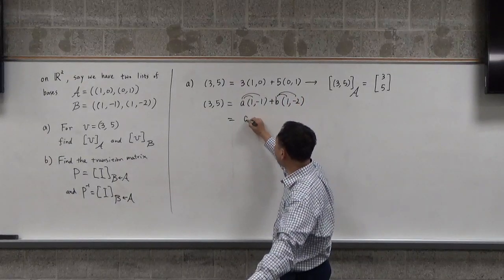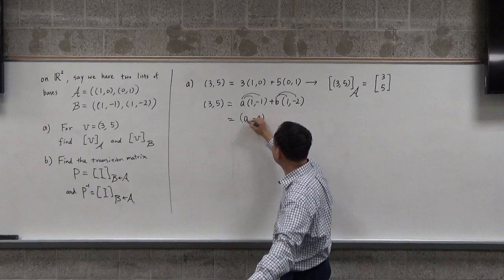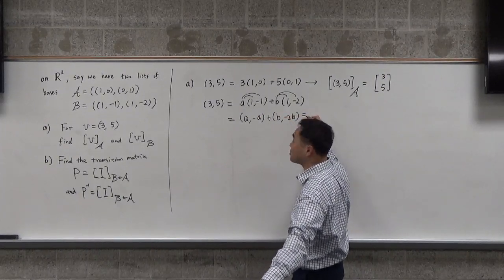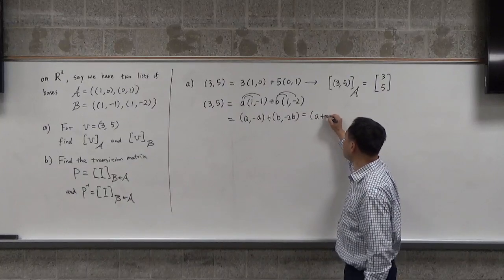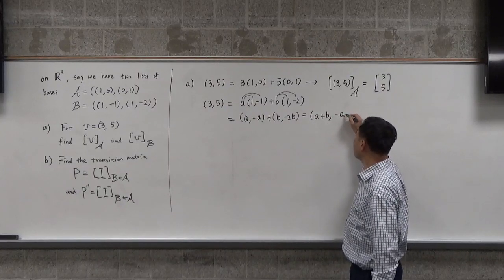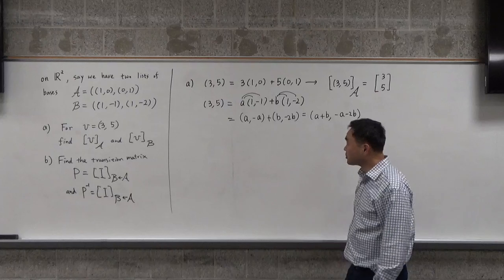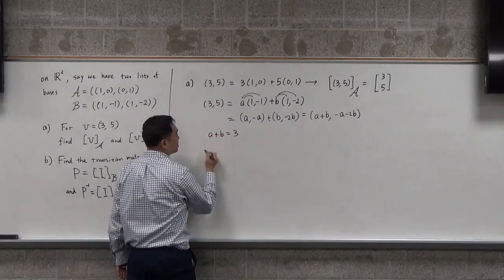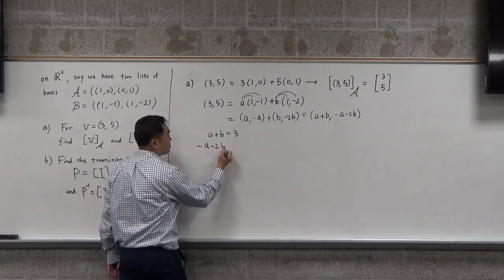So you have A, -A plus B, -2B, and you add them up and you get A plus B, -A minus 2B. So that A plus B must equal 3, and -A minus 2B must equal 5.